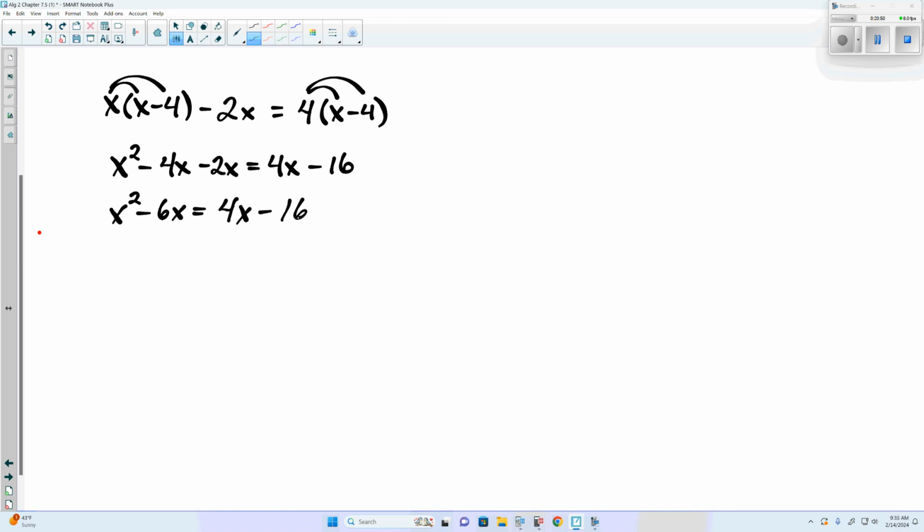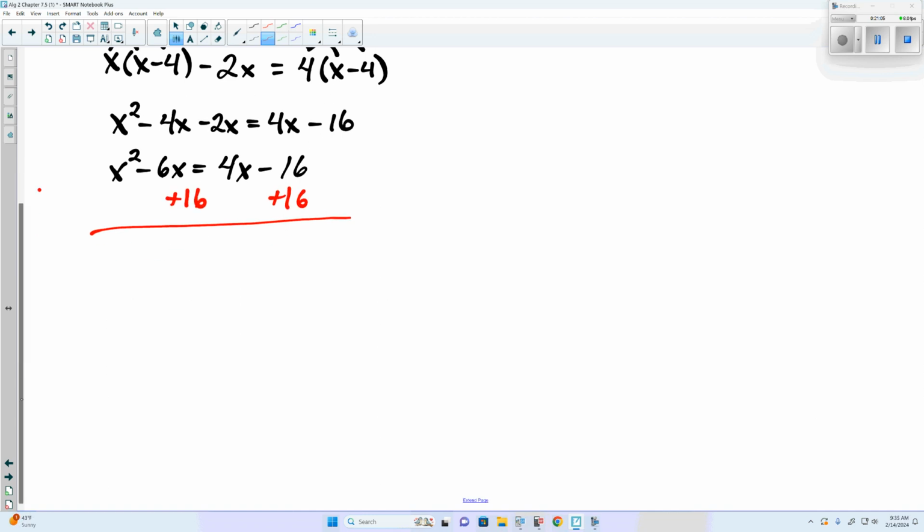Well, we have an x squared term, yes? So we need to get the equation equal to 0. We can add 16 to both sides, yes. If we add 16 to both sides, we get x squared minus 6x plus 16 is equal to 4x. What can we do next?